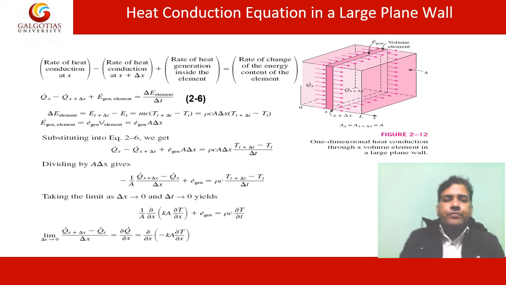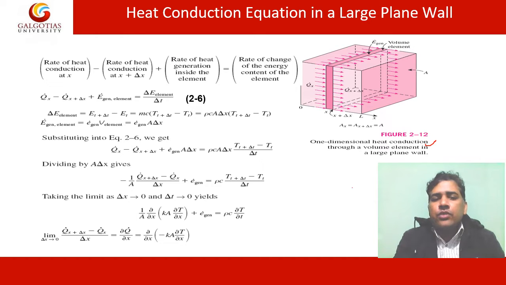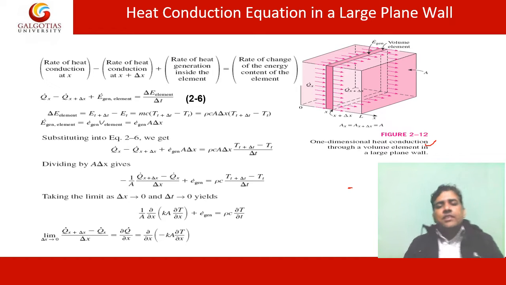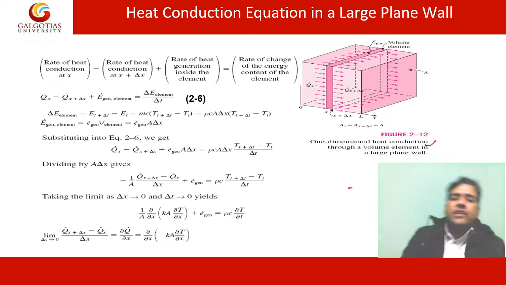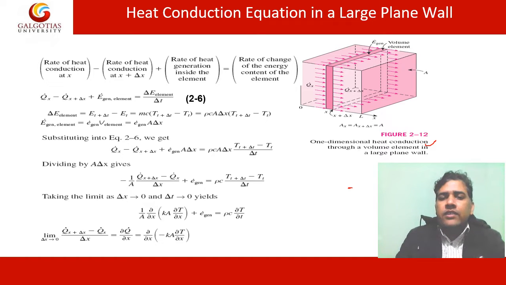So this is our problem. Now let us consider this block, and within this block, let us consider a small volume element whose volume is dV, and the thickness of that volume is dx. Within this small volume of thickness dx, the heat is transferred from this plane to this plane.